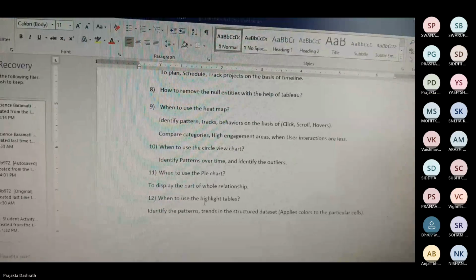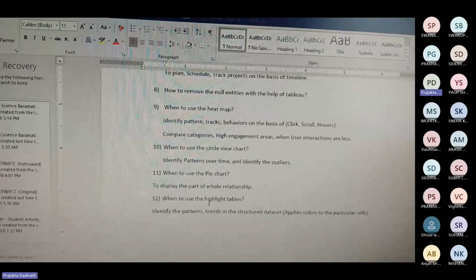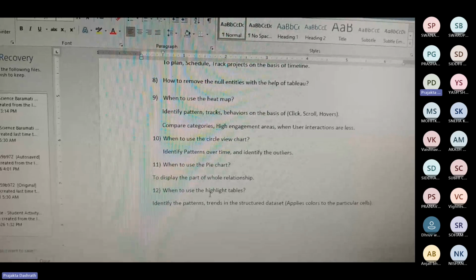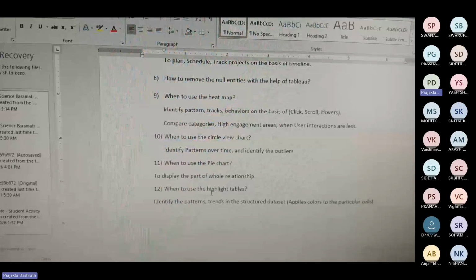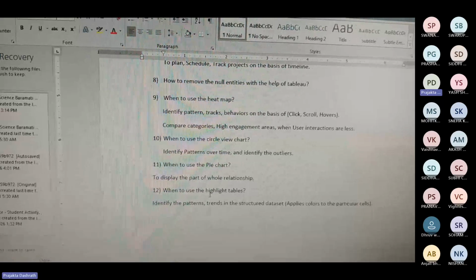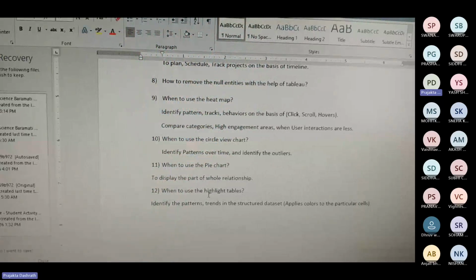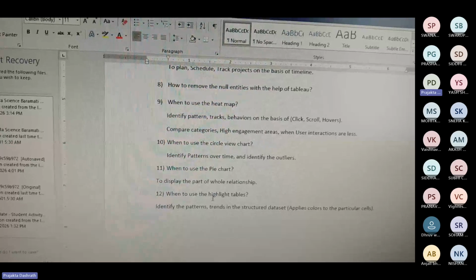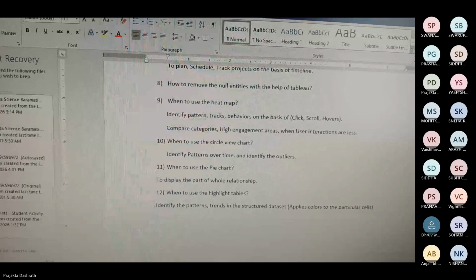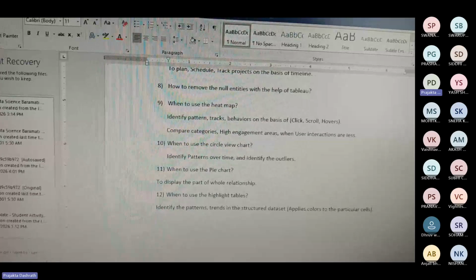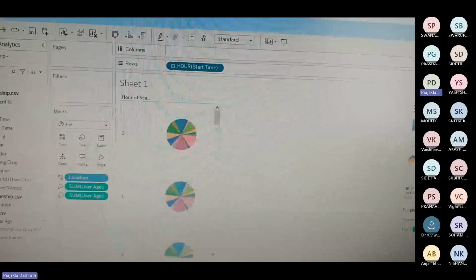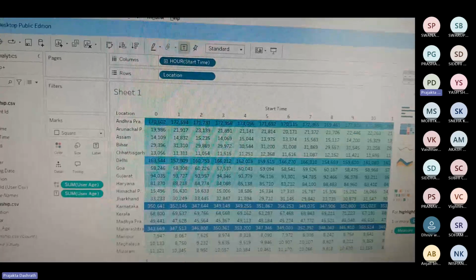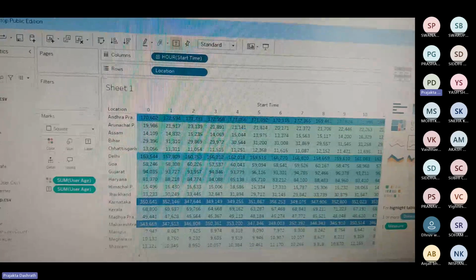Okay. When to use highlight tables? Identify patterns, trends, structure in the data set. I will repeat. When to use the highlight tables? Identify patterns, trends in structured data set. Okay. Once again, we will come to the highlighted tables. These are the highlighted tables.